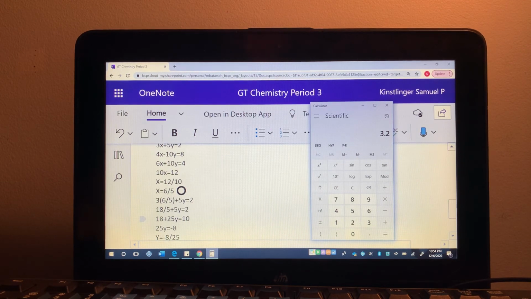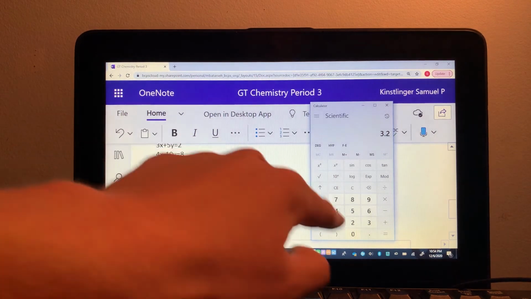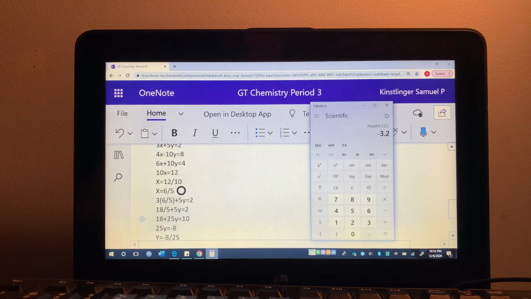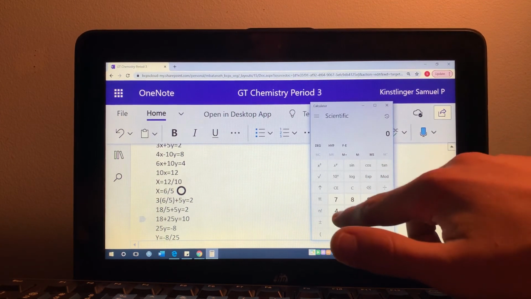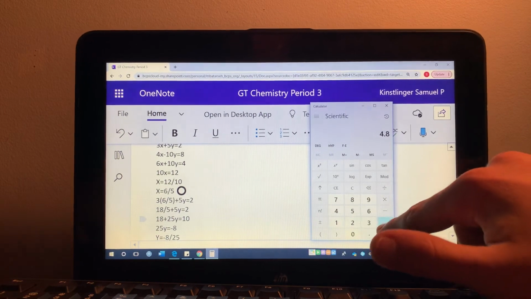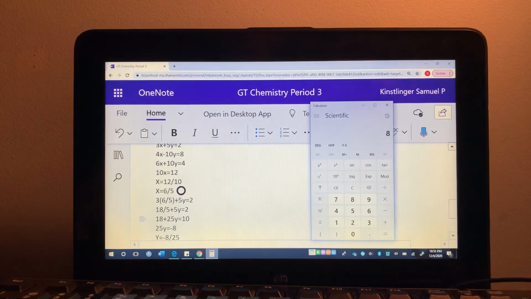Because negative is the same as positive here, we're subtracting 4x minus negative 3.2, and since it's minus and negative, it's just plus the positive. So we get 4x, which equals 4.8, minus negative 3.2, which is the same as plus 3.2, equals 8, because 4.8 plus 3.2 is going to be equal to 8.